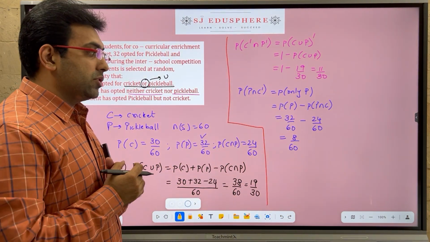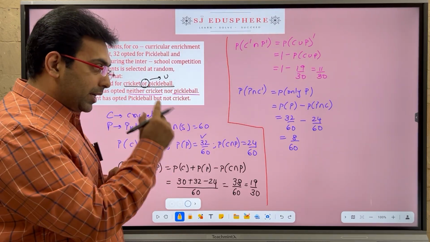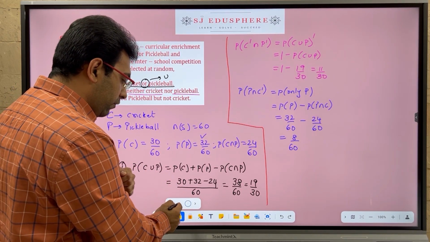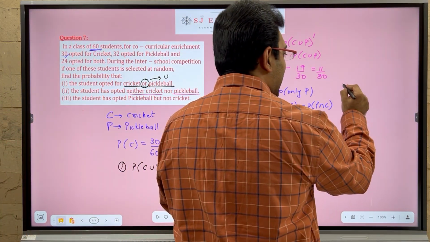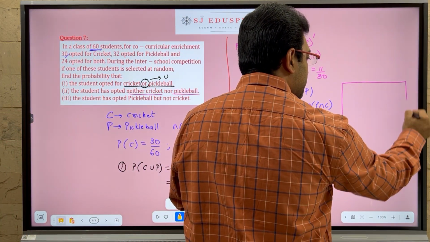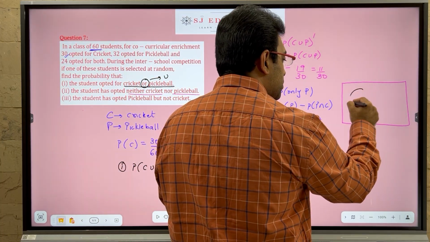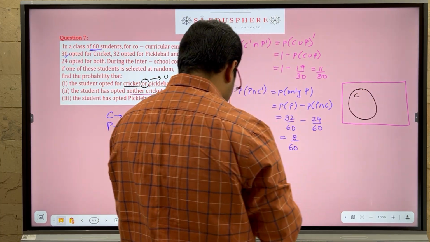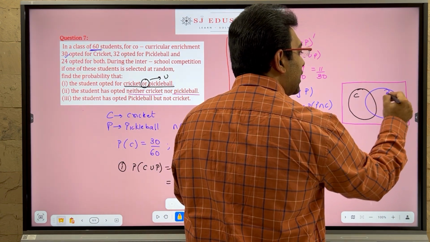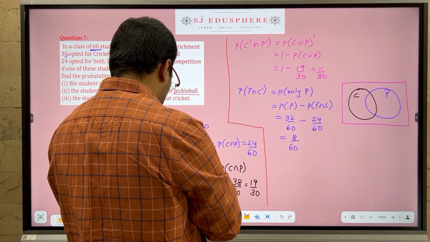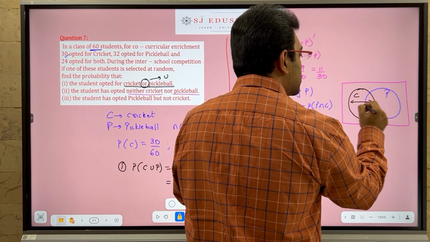Now, if in case you think remembering formulas is a challenge, let us look at the same question for a proper recall in the form of a Venn diagram. I have my sample space over here. Under that, I have students who are participating in cricket and I have students who are participating in pickleball. Now, I know for cricket, there are totally 30 students.